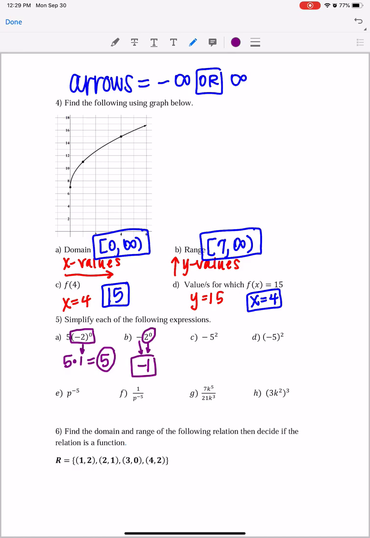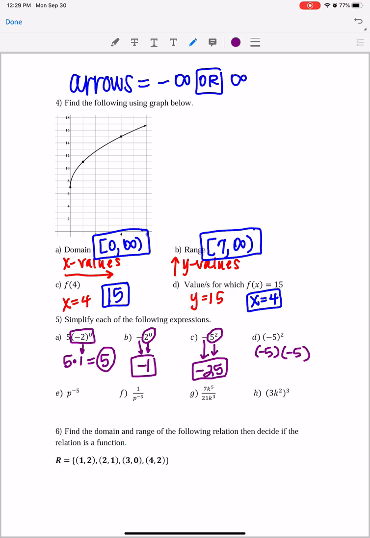On C, the only thing to that exponent is that 2. So this is 25, and then bring that negative down. D, however, because this is in parentheses, this means -5 times -5.